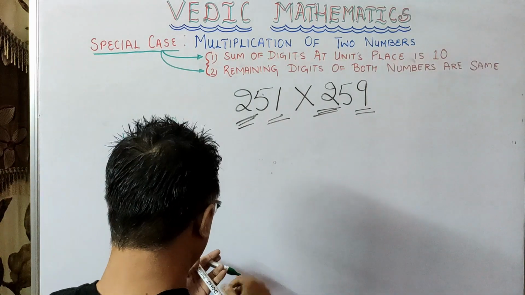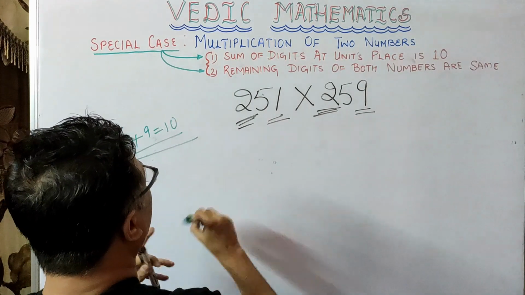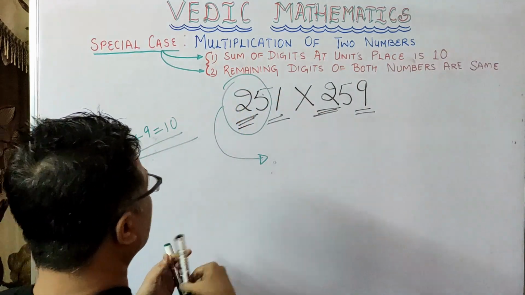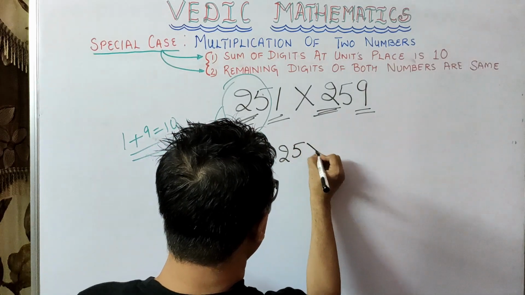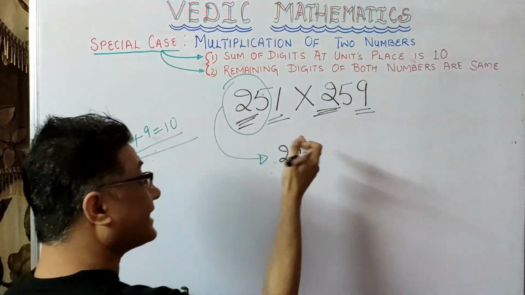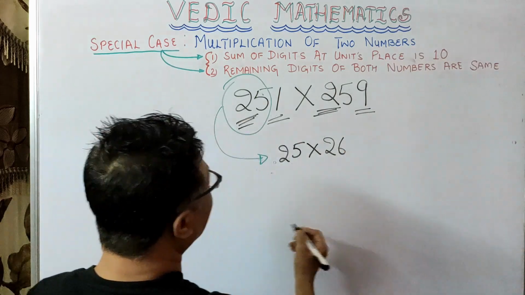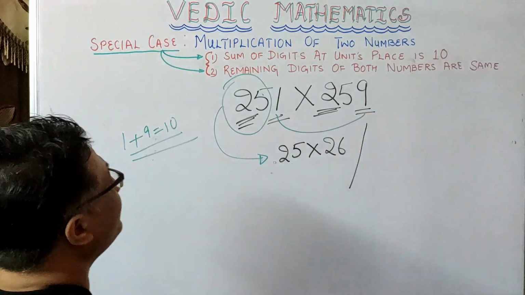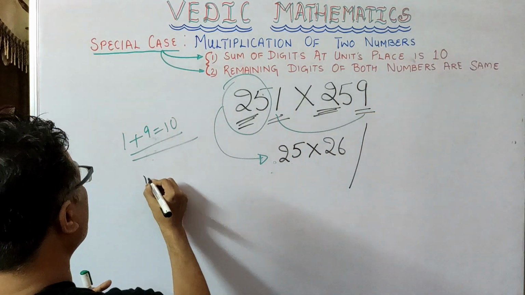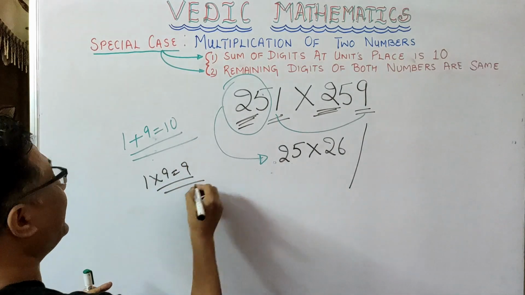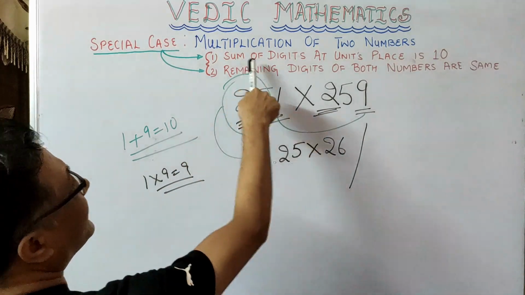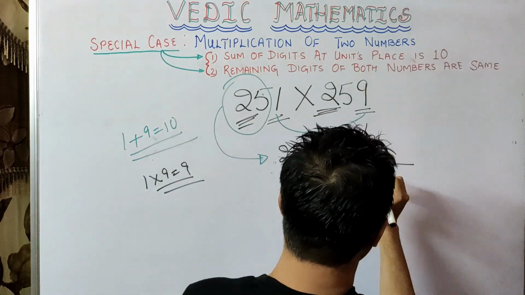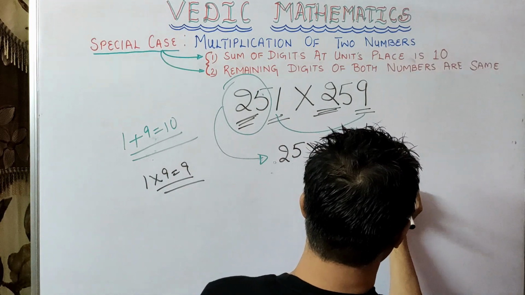So now the answer will be 25 multiplied by, yes, the next number 26, and for the second part you have to multiply 1 and 9. So 1 multiplied by 9 is what? It is 9. But as I told you, when the sum of digits at unit place is 10, then here you will have 2 digits always.